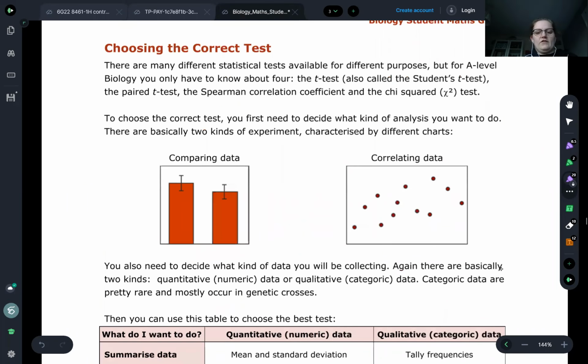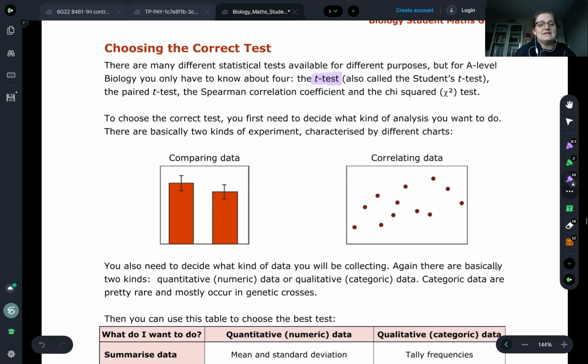So this is where we're just going to start talking about the correct types of tests that you need. Realistically, there's loads, but for A-level, you only need to know about 4 types of tests. There's the t-test. You will sometimes in some books see it being called the student's t-test, but the t-test.